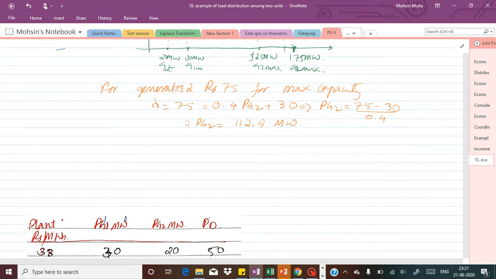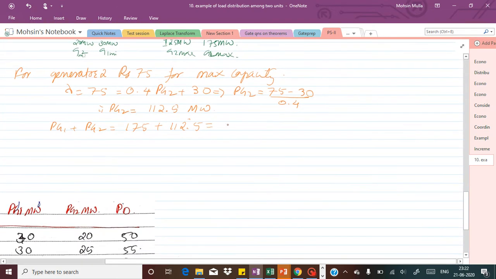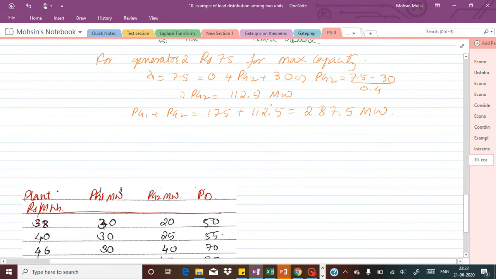So together Pg1 plus Pg2 in this particular case can generate up to, since Pg1 is 175 and this one is 112.5, together they can supply a maximum load demand of 287.5 megawatt. Once the demand is above 287.5 megawatt, only generator 1 should be loaded.